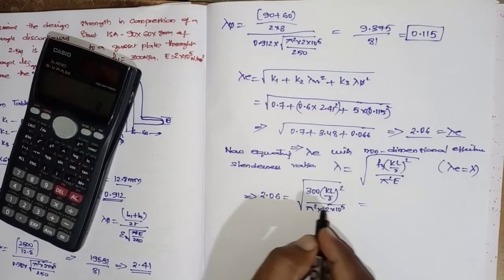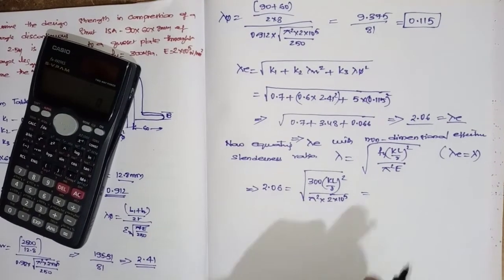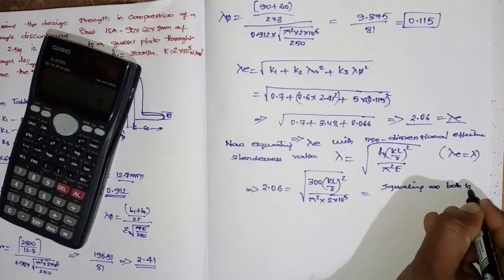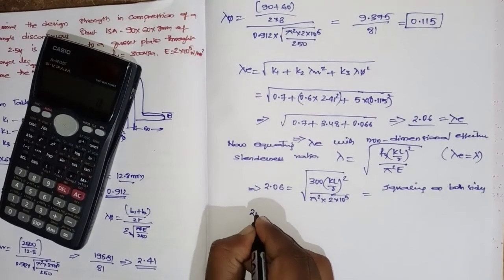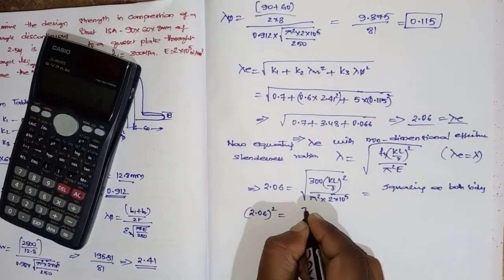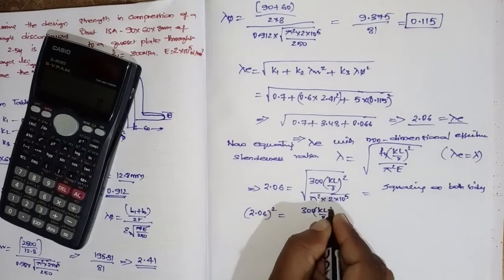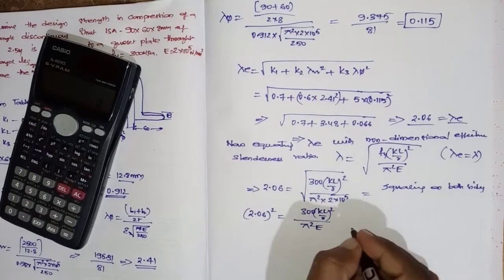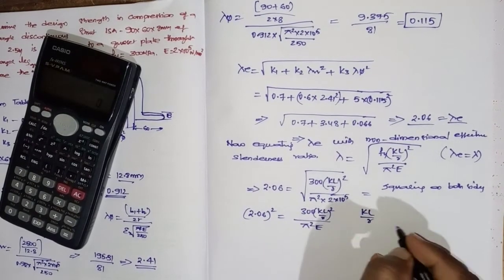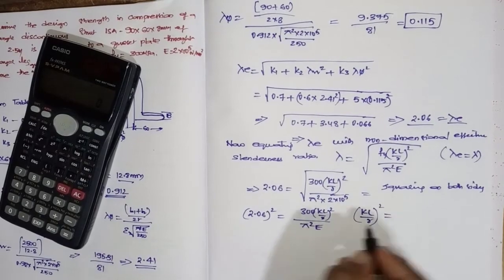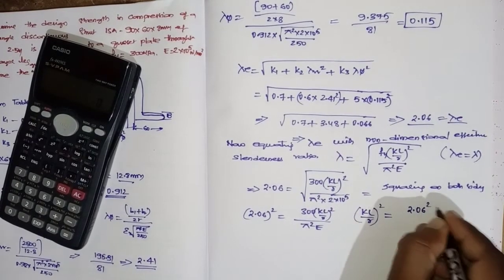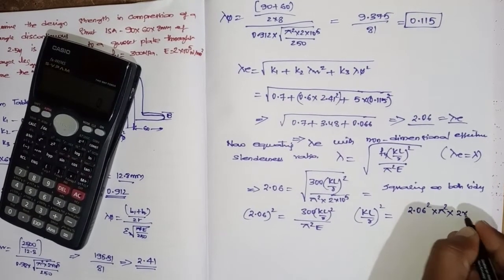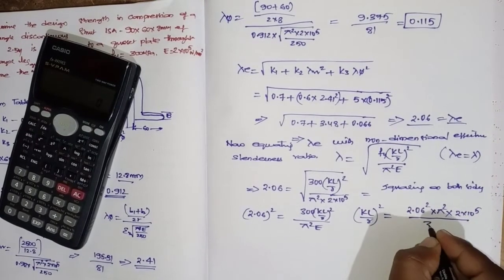So before solving, we'll square on both sides. While squaring on both sides, 2.06 square equals 300 into KL by r square by pi square E. Now KL by r square equals 2.06 square into pi square into E, 2 into 10 power 5, cross multiplied, divided by 300. If I substitute, KL by r square equals 2.06 square into pi square into 2 into 10 power 5 divided by 300.